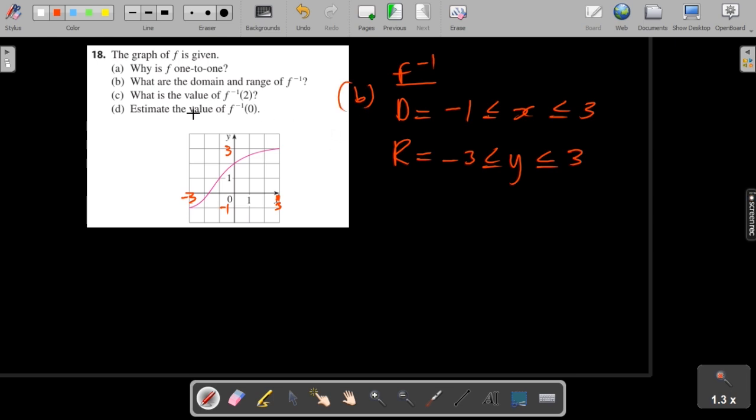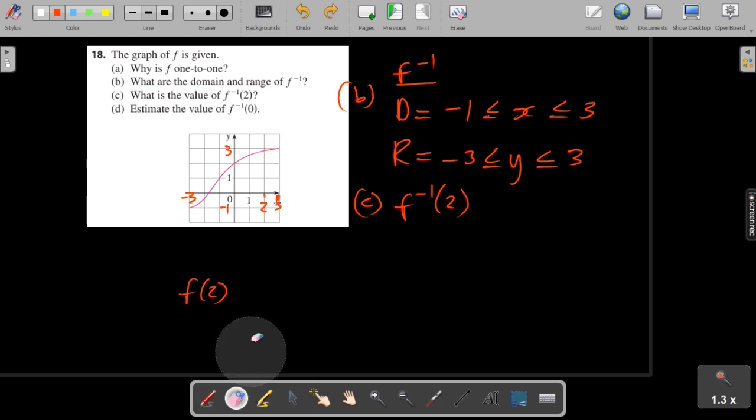Third question says, what is the value of f inverse of -2? So just like with the domain and range, we're going to swap these around. If it were f of 2, we'd come to 2, then read out the y value. But now it's f inverse of 2. So this is essentially the y value in the original function.